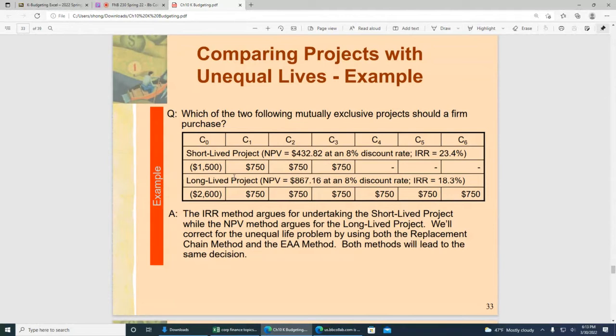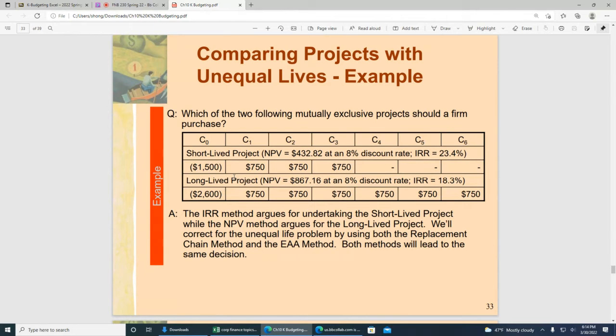Now, if you find the net present value of this, it's going to be 432.82 at an 8% discount rate, and the internal rate of return is 23.4%. The longer-lived project has a net present value of 867.16, of course at the same discount rate. Internal rate of return is 18.3%.